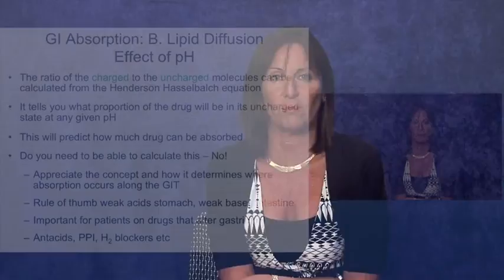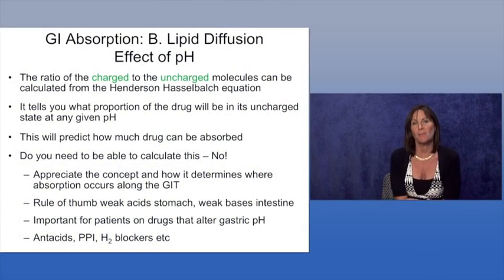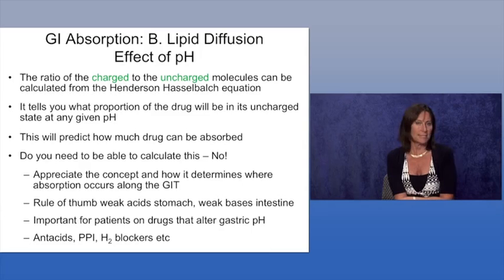So where does Henderson-Hasselbalch fit into this concept? Well, the Henderson-Hasselbalch equation is the ratio of the charged to the uncharged molecule. It tells you what proportion of the drug will be in its uncharged state at any given pH. Why is this important? Well, because the pH across the GI tract varies significantly.